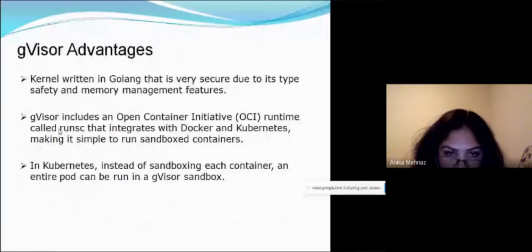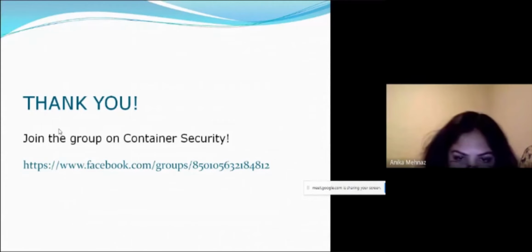Unfortunately, I didn't find any such group. There are groups about Python programming and Java programming, but I couldn't find a group completely based on container security. So if you're into container security or just security in general, please do join this group.